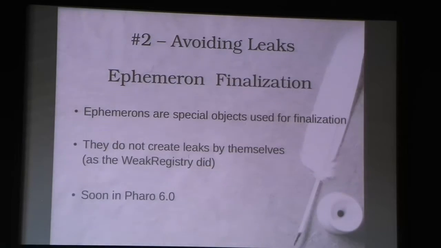As an end user, as a programmer, you should know that it can avoid a lot of memory leaks. An Ephemeron is an association that has a key and a value, and if you have a transitive reference from the value or a direct reference from the value to the key, it will still be garbage collected. If that happened with a weak registry, it would not be garbage collected and you would get a memory leak.